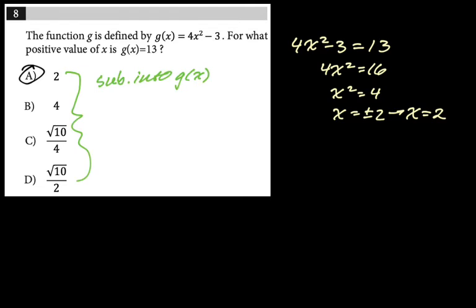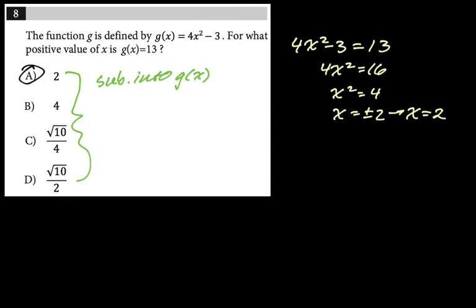Oh, well, alternatively, if you really wanted, you could take all of the answer choices. If you have extra time, maybe I would do this. This seems like it'll take a while. Take each answer choice and plug it in for x in g of x. For example, for 2, you would do g of 2 is 4 times 2 squared minus 3, which is 13, and you would get the answer on the first shot.